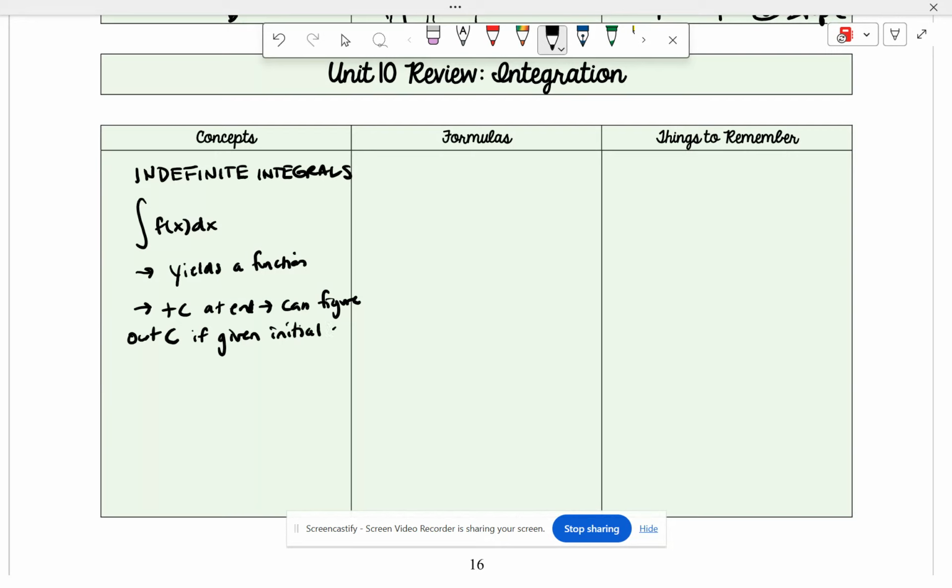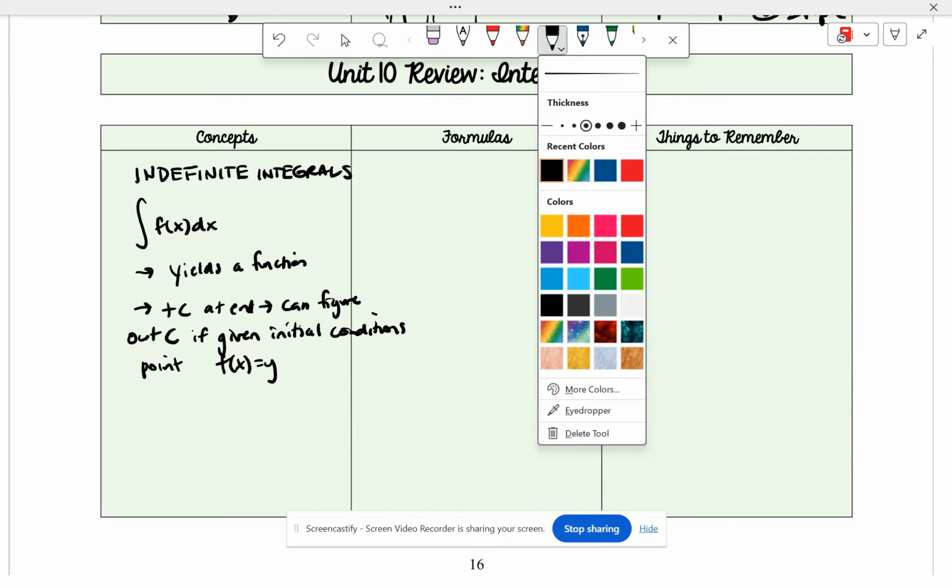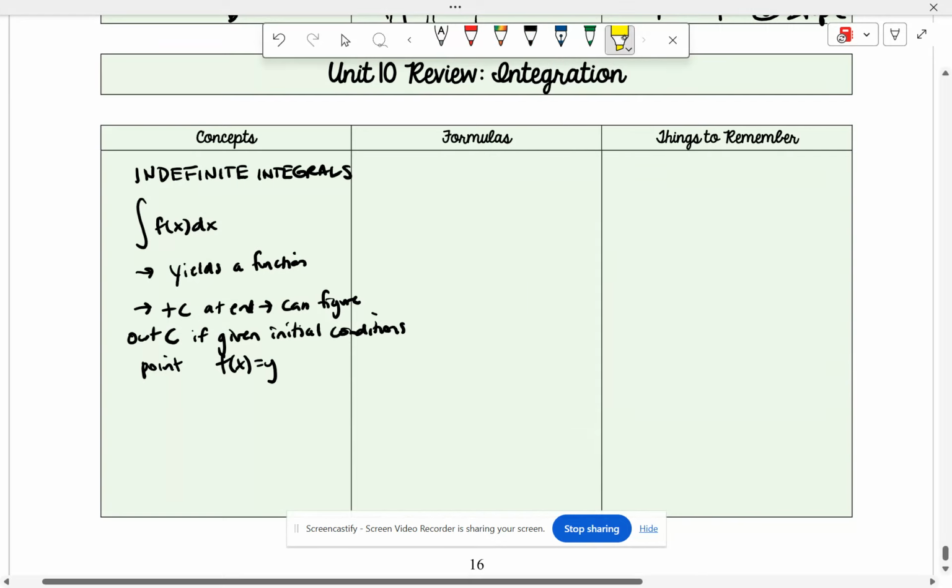Okay, so now you can figure out, if you are given initial conditions, initial conditions could look like a point, or they could look like f of x equals y. So it could be a point, or it could be in function notation. Versus, what is the opposite of an indefinite integral? A definite integral. And he has bounds.